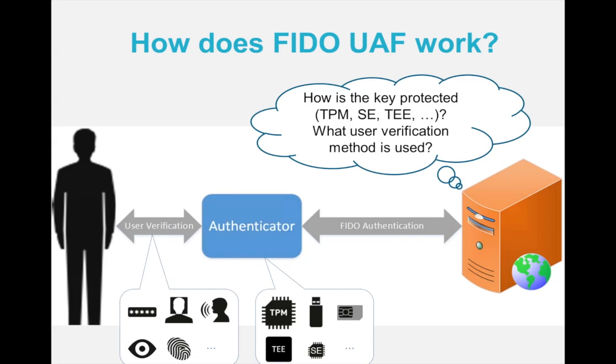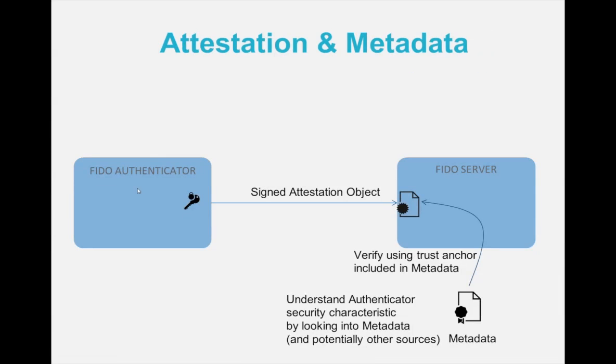Now, somehow the relying party is interested in that combination, in that method, and so we need some kind of attestation, so some way for the authenticator to provide a cryptographic proof to the FIDO server of the identity of that authenticator. Not to be able to distinguish authenticator A from B, but to distinguish between an authenticator of model A from an authenticator which is of model B. So just on a model basis.